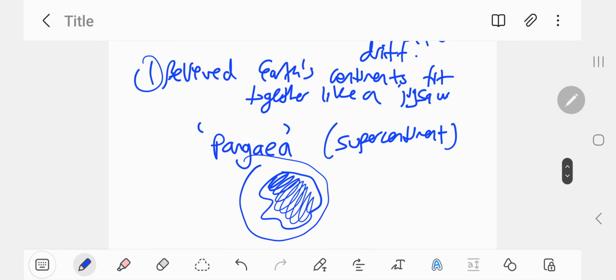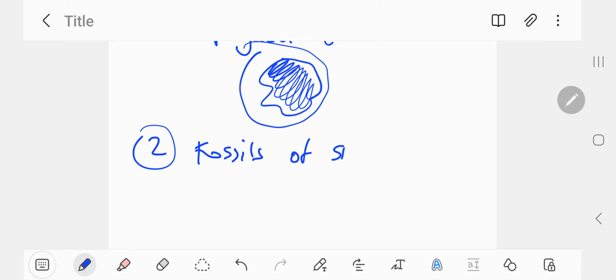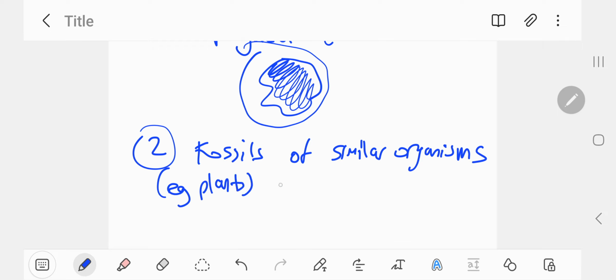So one piece of evidence to support Wegener's theory later on was that Earth's continents fit together like a jigsaw. Another piece of evidence is that fossils of similar organisms, so an organism is like a plant or an animal in science terms, let's say plants, are found on continents now far apart.